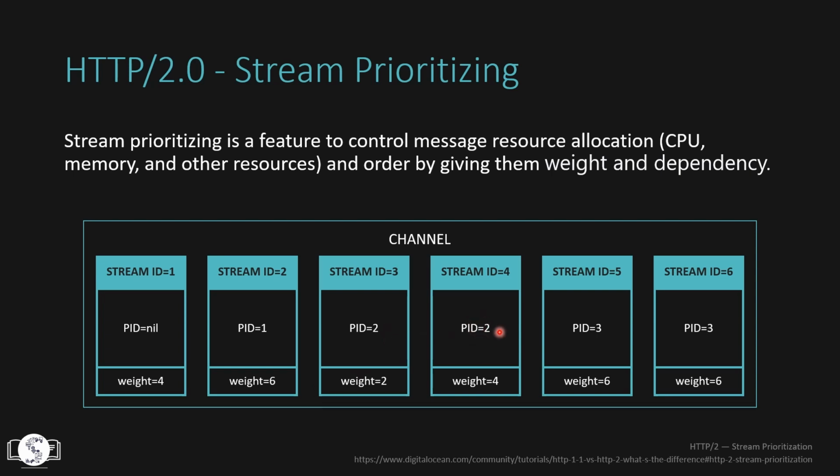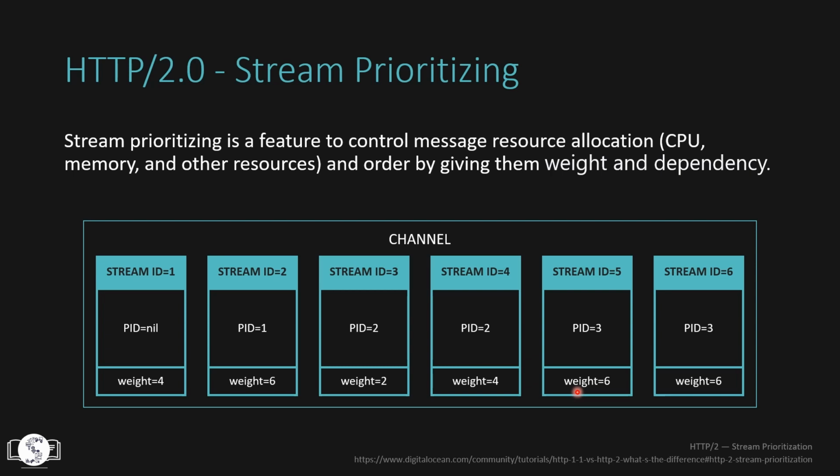The resource allocation for each stream will be based on the weight they hold and the dependency they require. Streams 5 and 6, for example, which in the figure have been assigned the same weight and the same parent stream, will have the same prioritization for resource allocations.